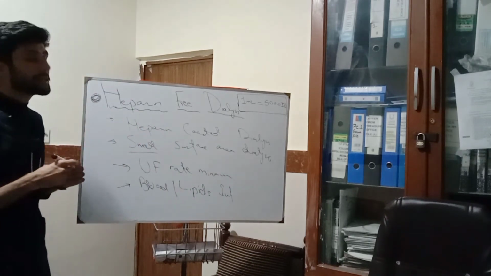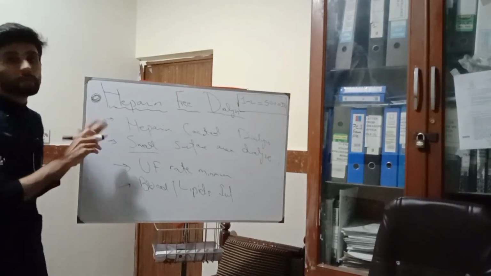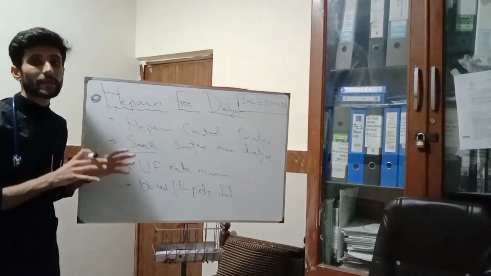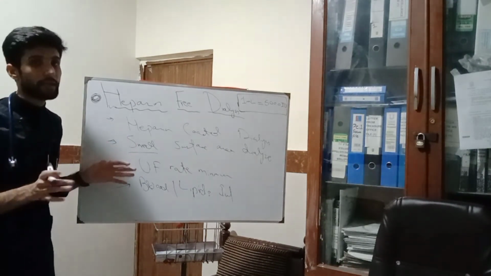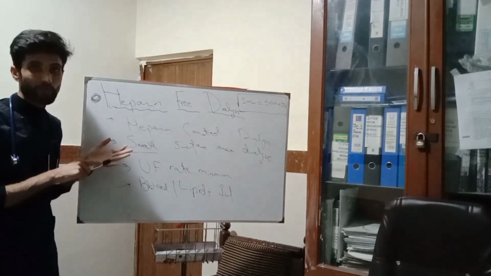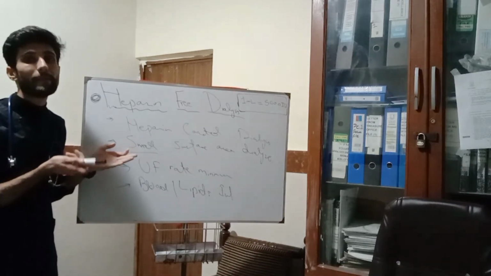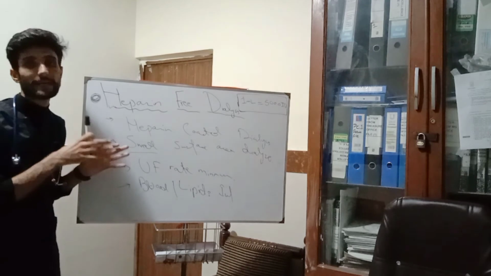So these were some maneuvers that we can use in heparin-free dialysis. First was the heparin rinse, that we rinse the extracorporeal circuit with 3000 international units of heparin diluted in 1 liter of saline, and then we keep a high blood flow rate, and then we give boluses of saline, that was 250 ml of normal saline per 15 minutes, and ultrafiltrate this extra saline.